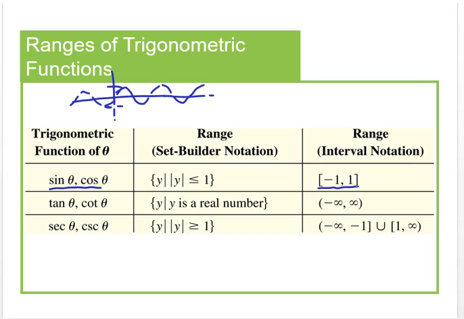And then tangent and cotangent also have a similar pattern for their graph. I'm going to graph just one of those. It has asymptotes on it though.